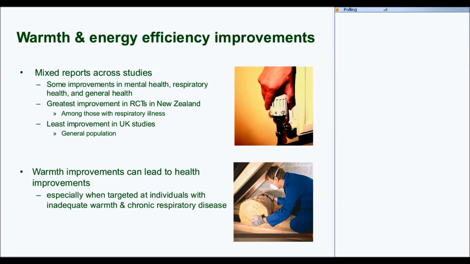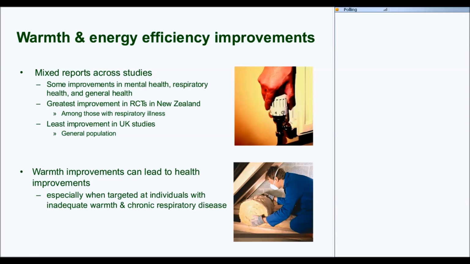So, in terms of the findings from these warmth and energy efficiency improvements, the findings in terms of health effects were really quite mixed across the studies. There were some improvements in mental health, respiratory health, and general health. But like I said, it was mixed across the studies.